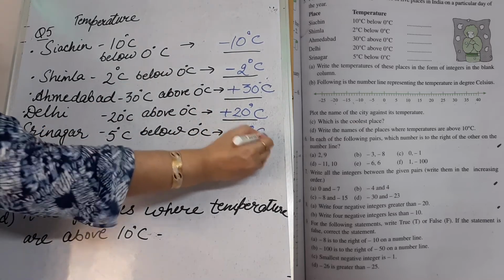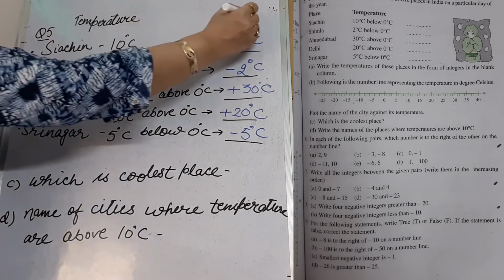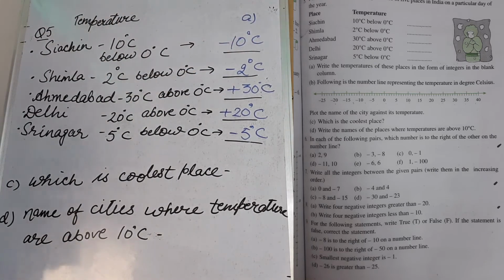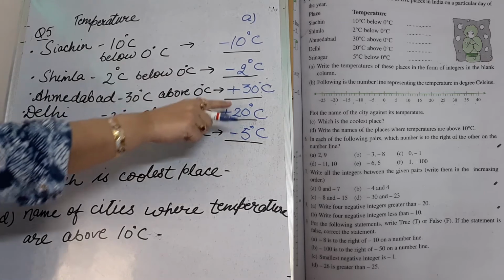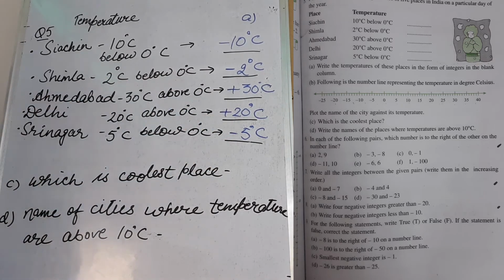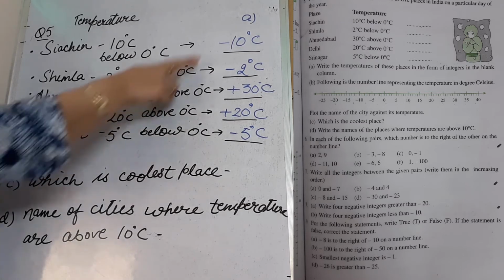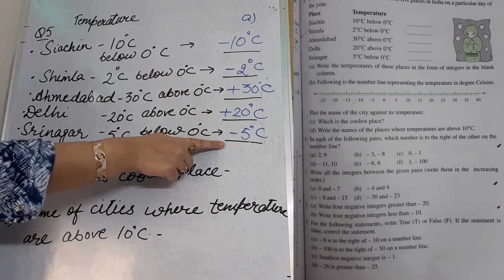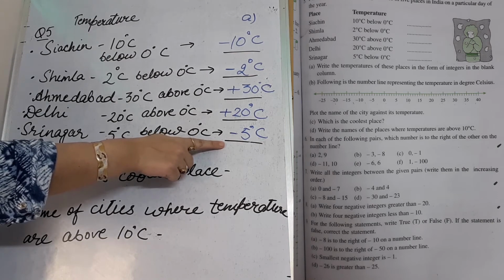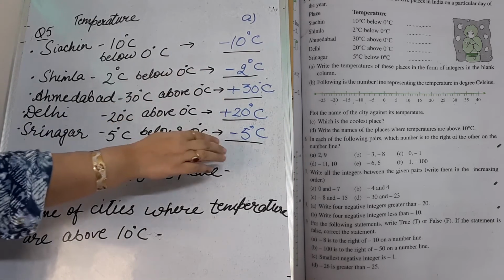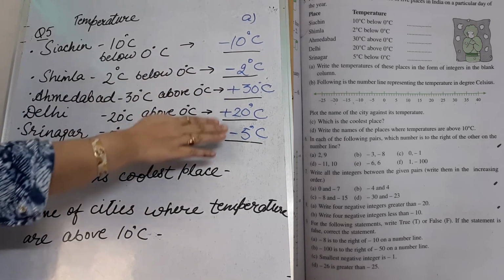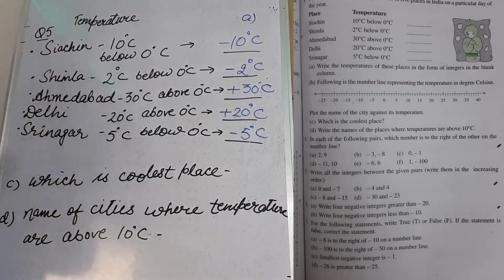Minus 5 degree C. So it is a part of the question that you have to fill all the blanks in integer form. Next part of the question is you have to indicate these temperature on number line. Number line is in the book. You have to just mark the point of these temperatures and write there which place is this.